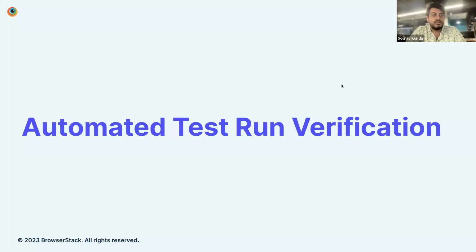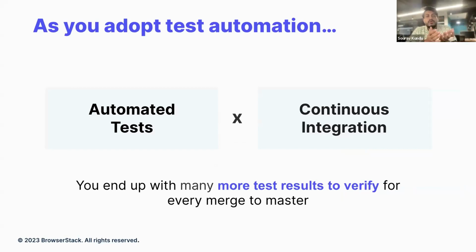So to start with, we want to talk about automated test run verification. That's the problem space. Automated tests could be your UI tests, or your backend tests like API tests, or any kind of tests that get triggered automatically, maybe on a CI pipeline, or from your laptop or anywhere.